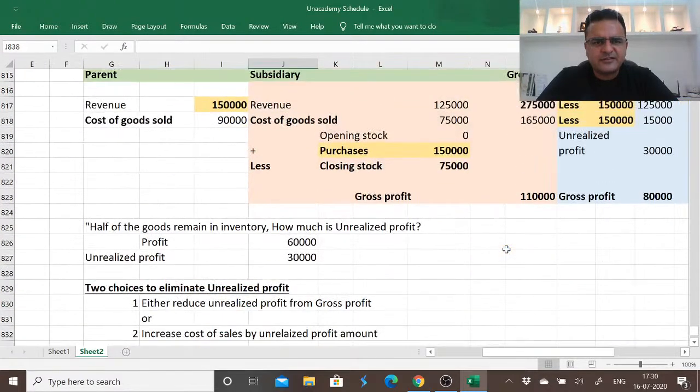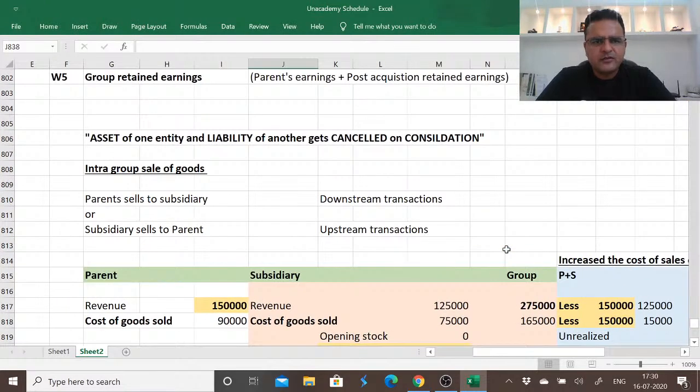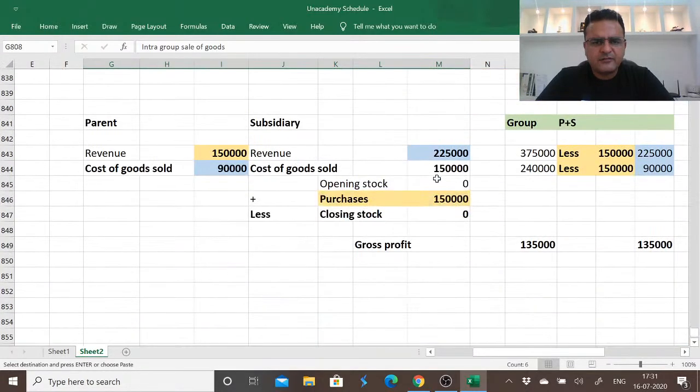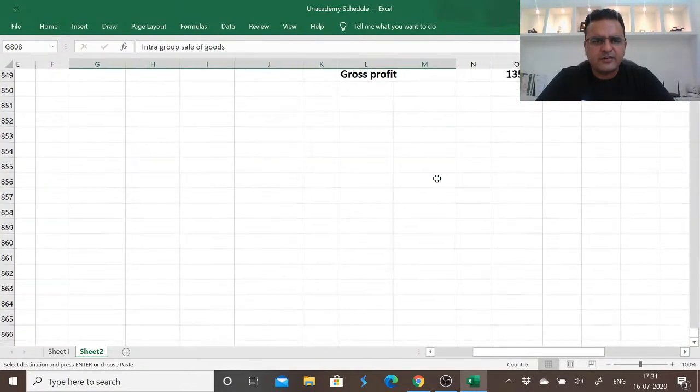As far as the balance sheet is concerned, as I said, depending on whether it is upstream or downstream, this was how we deal with the income statement.